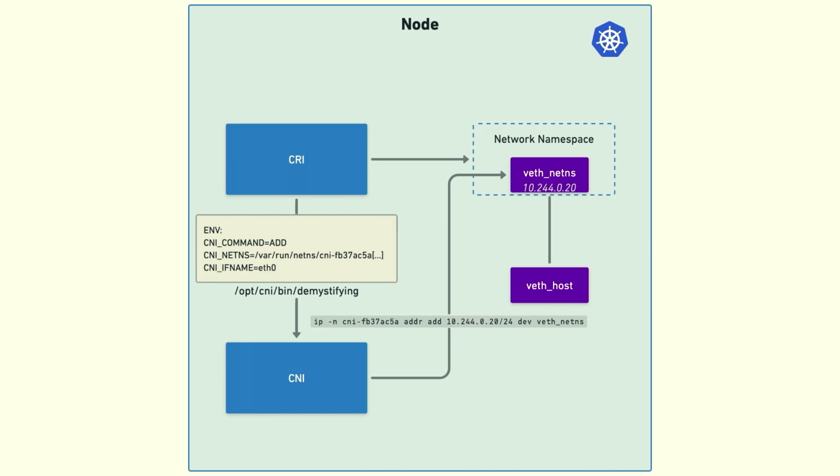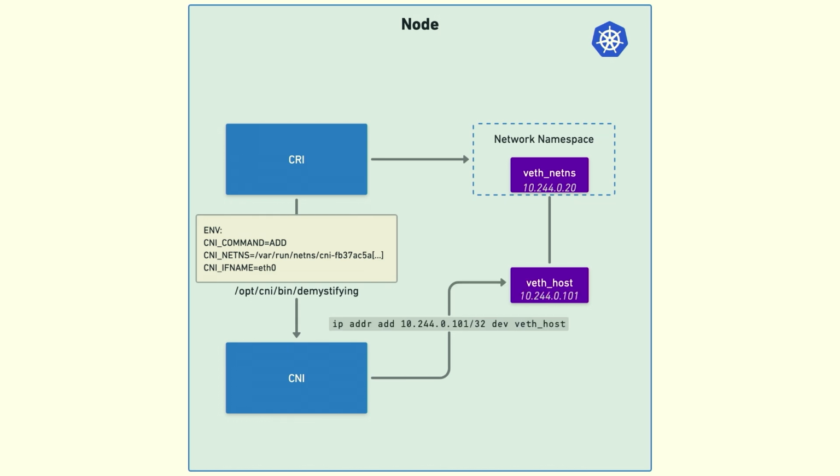We'll simply tell it ip -n, again specifying the network namespace that we want to perform configuration in, and then we'll say add the address 2.244.0.20, right? And then go ahead and assign it to the device, to the interface called veth_netns. So far, so simple.